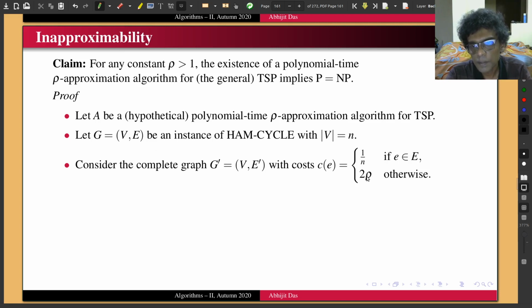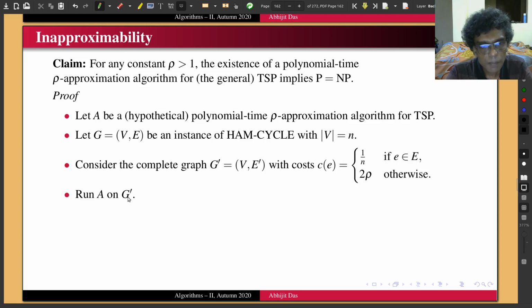Okay, this is a simple construction. 1 over N if e is in E, otherwise 2 rho, if e is not in this set. Okay. What does it really imply? Suppose that the original graph G, okay, fine. So now simply run this hypothetical algorithm on G prime.